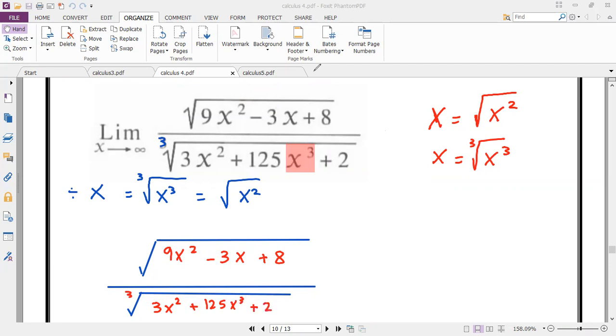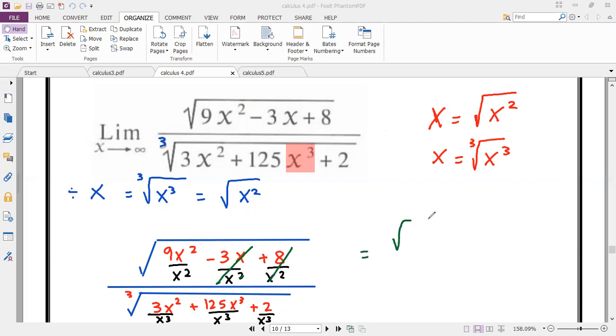We are going to divide by x, which is under the square root x to the power of 2, and under the cubic root, it's x to the power of 3. This one here is 0, this one is 0, and this one is 0.